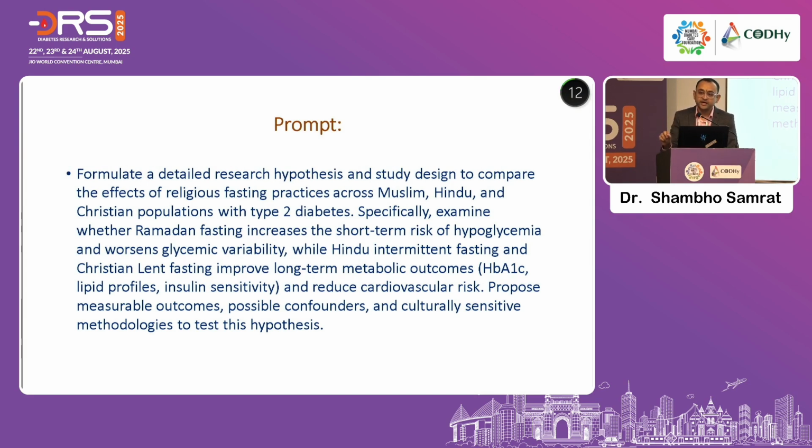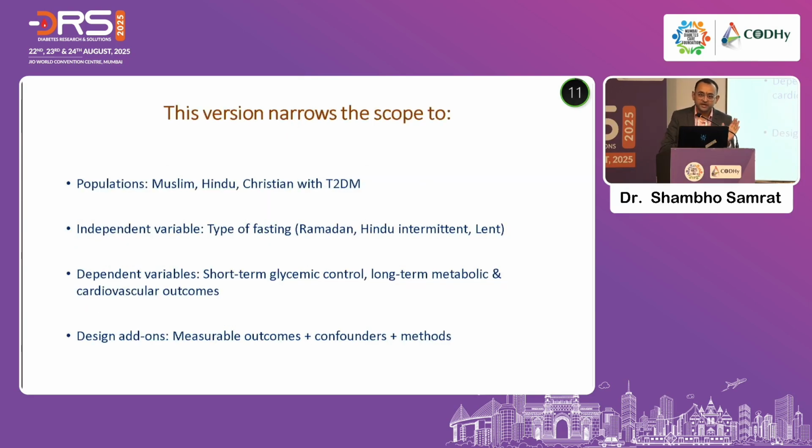So again, we had mentioned clearly that please propose measurable outcomes, possible confounders, and culturally sensitive methodologies to test this hypothesis. Now, why is this prompt a little bit different from the previous one? Because we had clearly mentioned the population now. Then we had also mentioned the independent variable here.